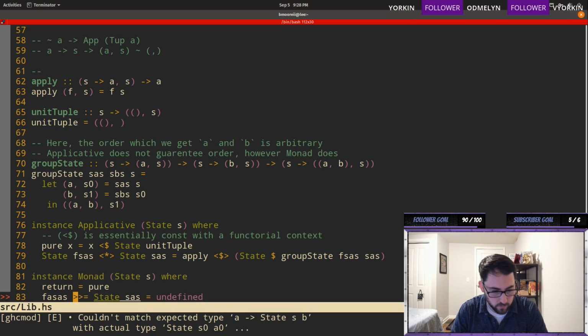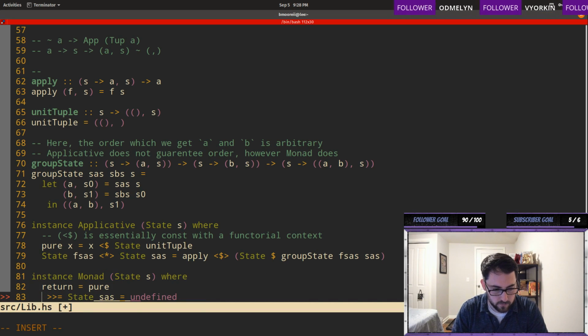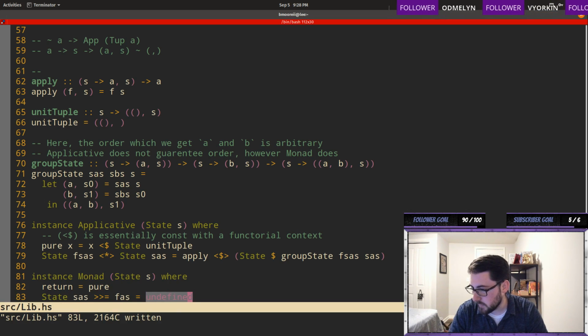Oh, I have this backwards, don't I? Function of A to state. Let's just do AS to save time. Okay. Now we need more ISOs.